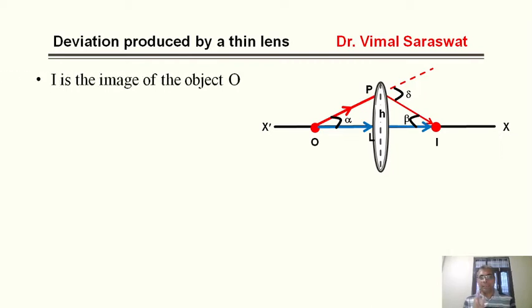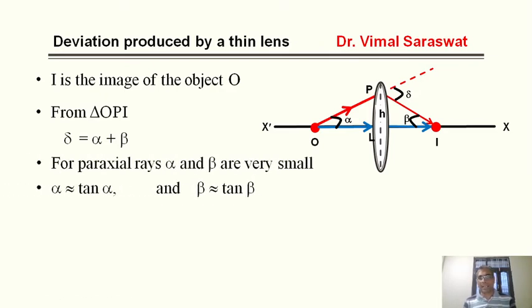Here I is the image of the object O. Now from triangle OPI, delta equal to alpha plus beta, because an external angle equals the sum of the interior angles. Here delta is our external angle, whereas alpha and beta are internal angles. So delta equal to alpha plus beta.